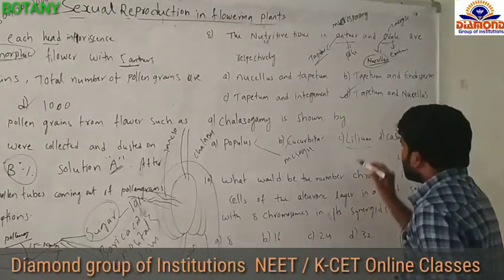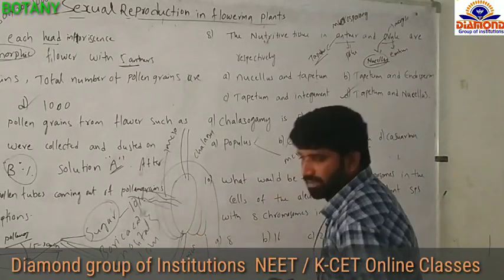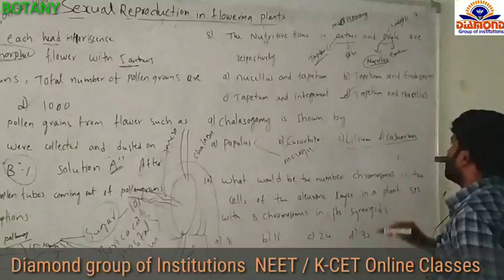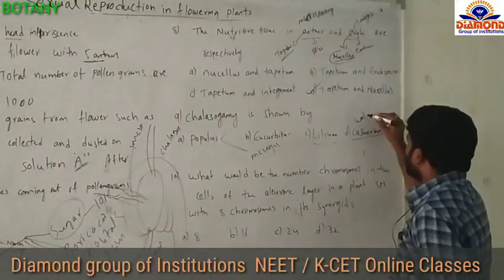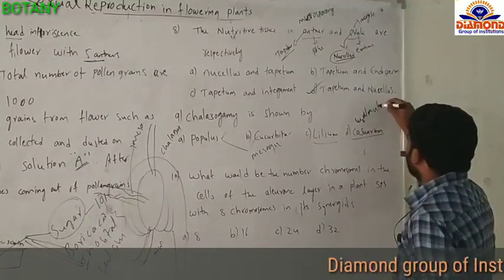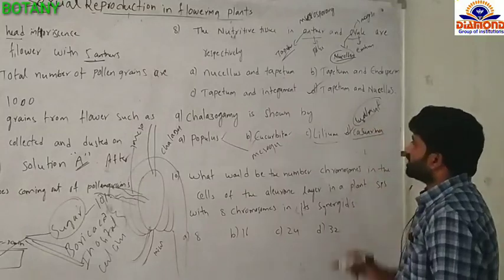Lilium is an example of porogamy, where the pollen tube enters through the micropyle. The chalazogamy examples are casuarina and walnut. These are the better examples for chalazogamy.